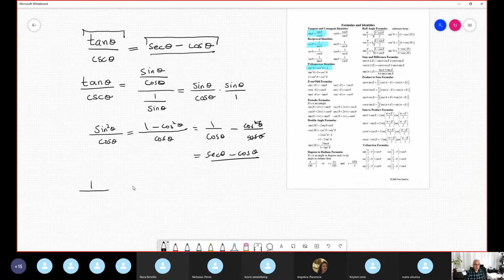Entonces, 1 over cosine, because I know that secant is the reciprocal of cosine, minus cosine. There is no reason to have them separate. You find the LCD. Entonces, this is 1 minus cosine square. Pero this is sine square theta divided by cosine theta.